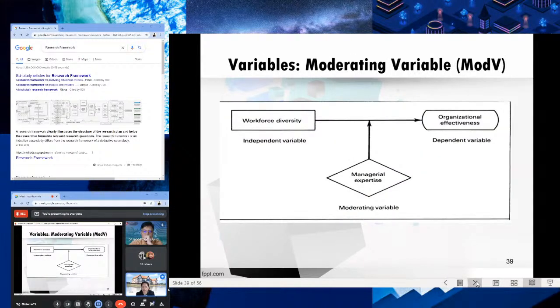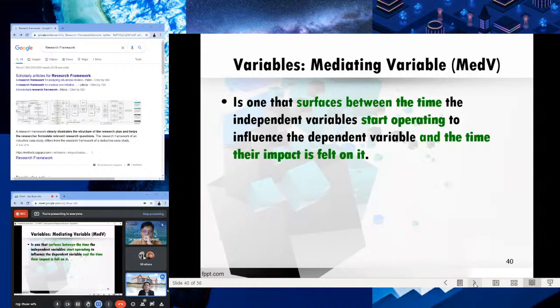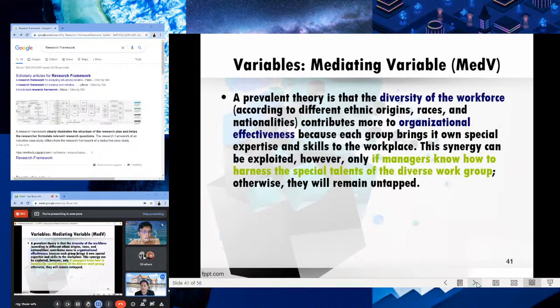The next variable is the mediating variable. A mediating variable is one that surfaces between the time the independent variable starts operating to influence the dependent variable and the time of its impact.